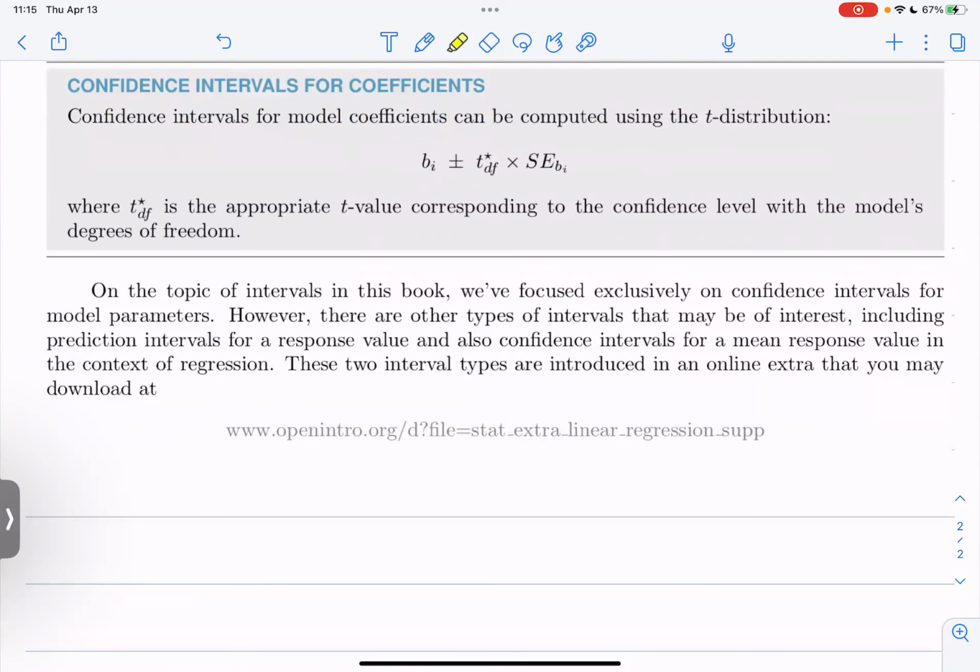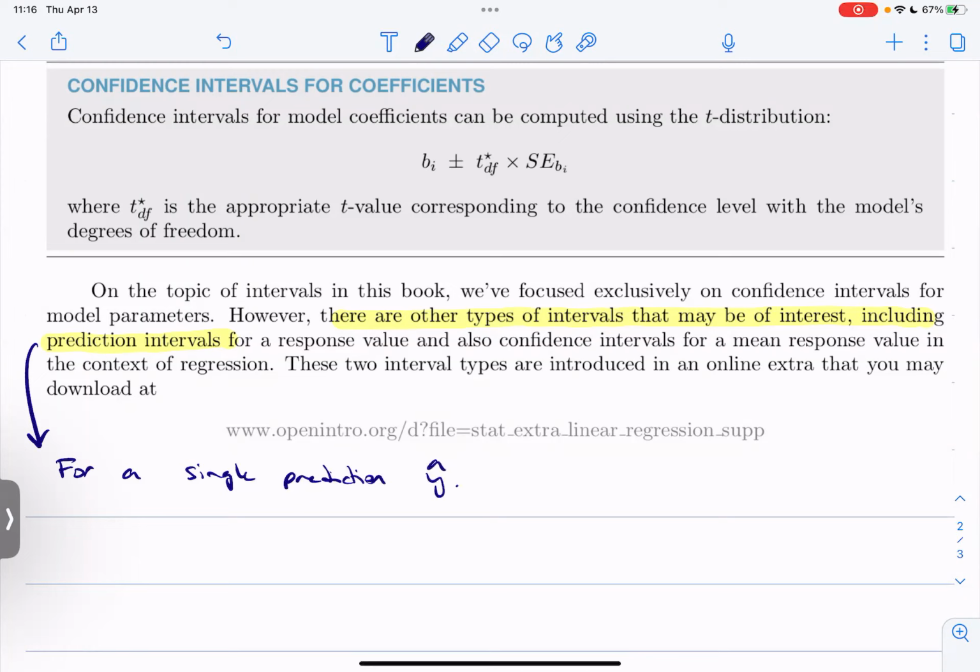So there are other types of intervals, including prediction intervals. But we're not gonna go there. But what we can do is if you use a regression line to predict some value y hat, then this is for a single prediction y hat.